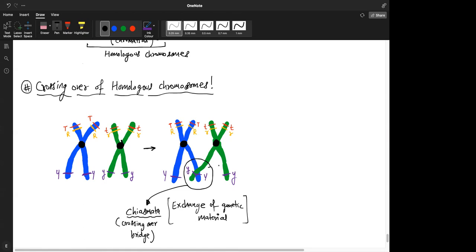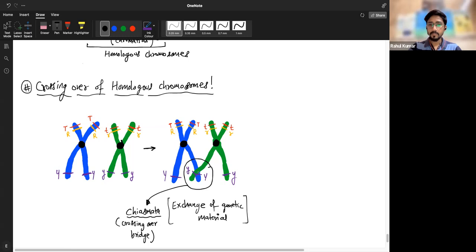Yes. Now at this step, physically, from where they are crossing over, this arm breaks. So this green arm will break, this blue arm will also break.